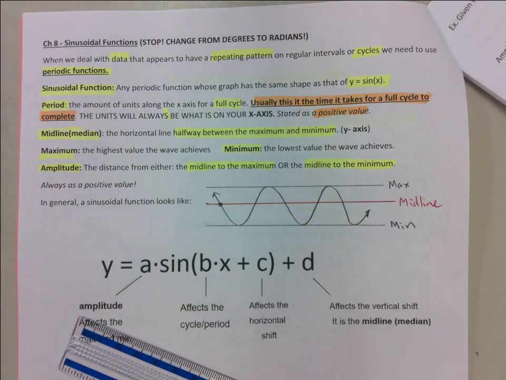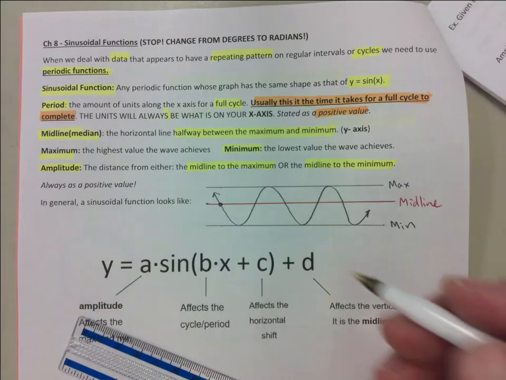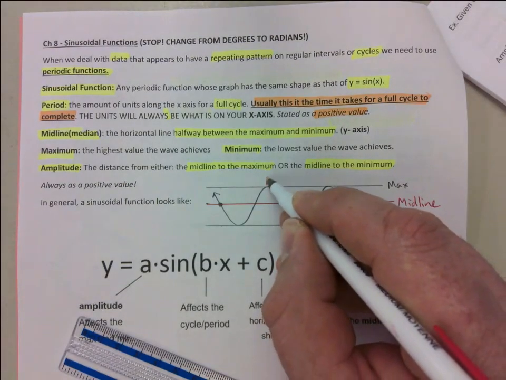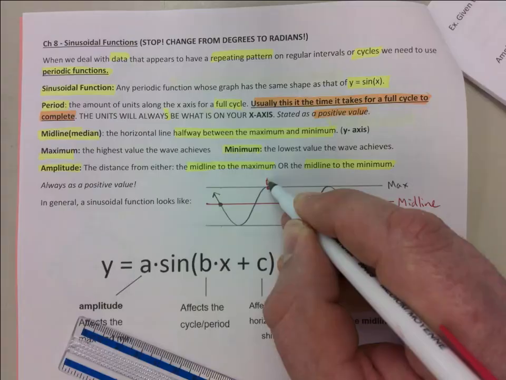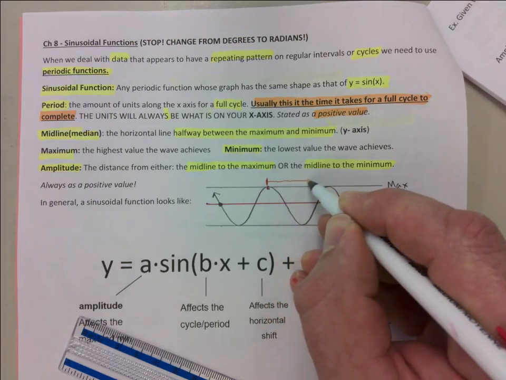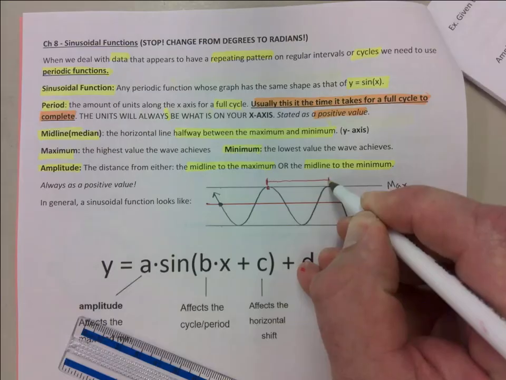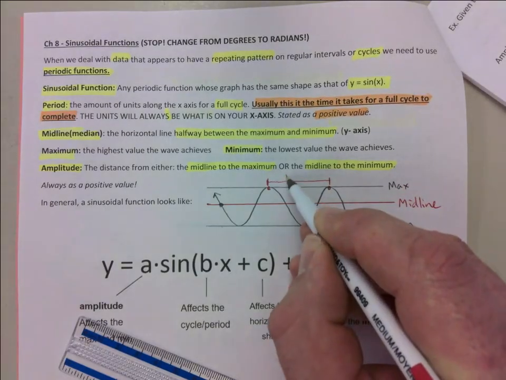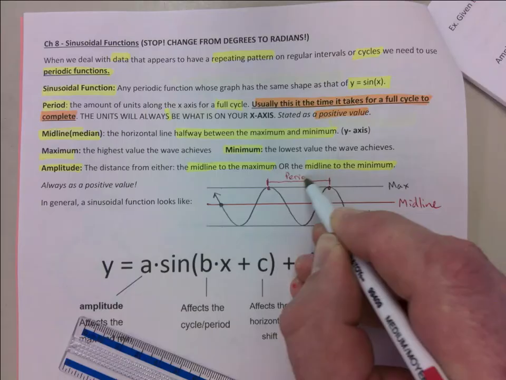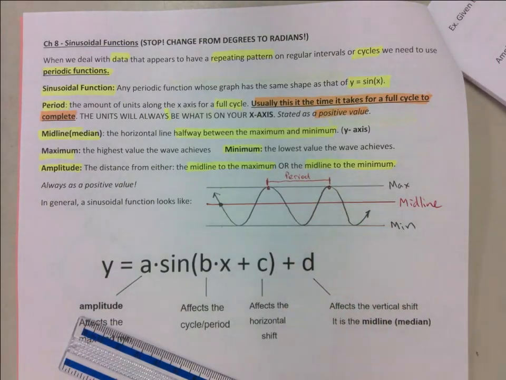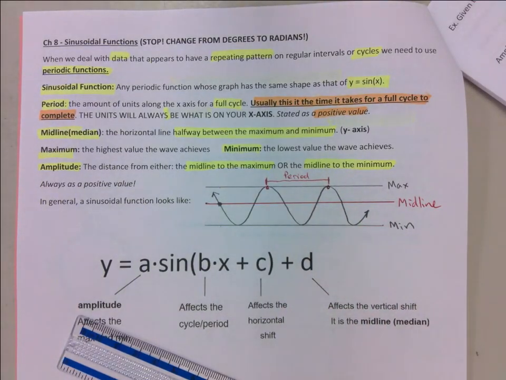And visually, this is what the period is: from a top, the distance horizontally from one peak to another peak. That is what we call the period.